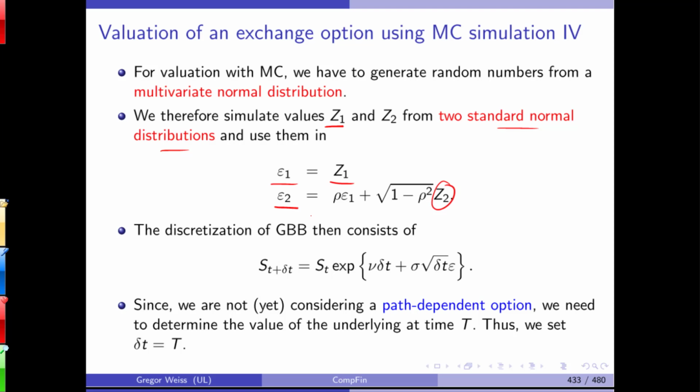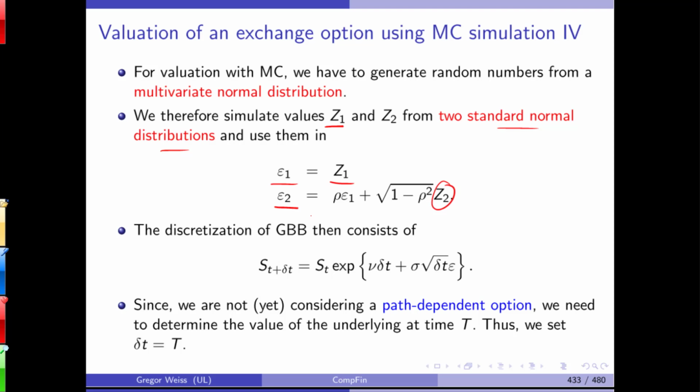And the discretization then gives us S_{t+delta t} equals S_t times the exponential function of nu delta t plus sigma square root of delta t times epsilon. And we plug in epsilon 1 and epsilon 2. And since we are not yet considering a path-dependent option, we need to determine the value of the underlying at time T. Thus, we simply set delta t equal to T. We only need the last.